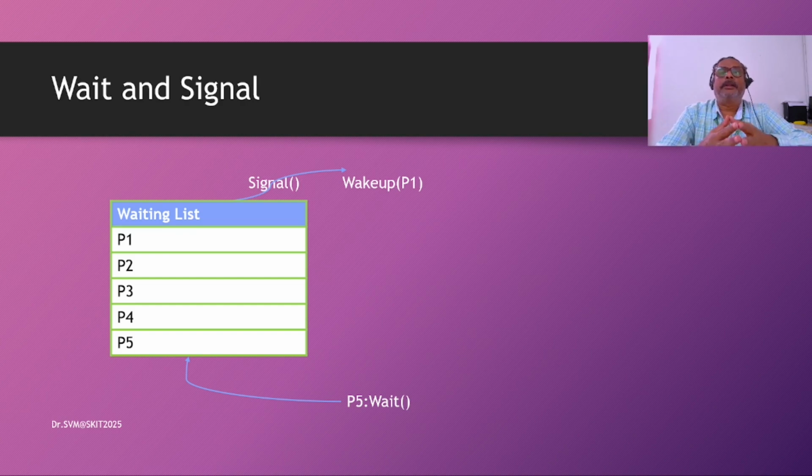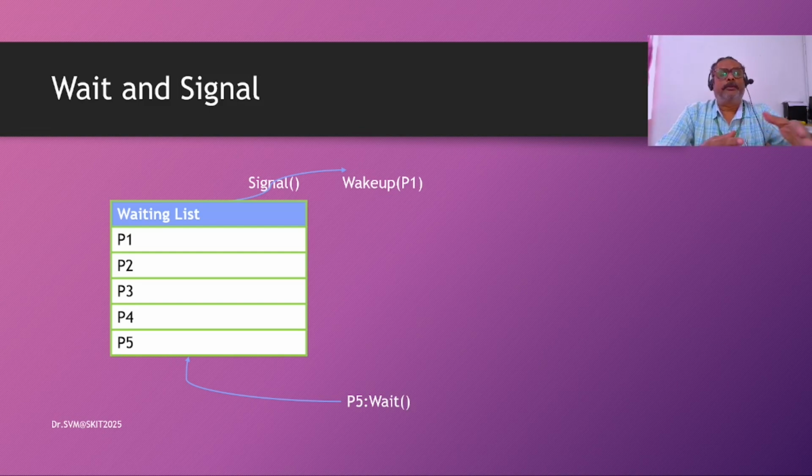Even if it is binary type, that's what happens for every shared resource, one semaphore, and we have one waiting list. And processes that could not get the shared resource get put on the wait list because they are blocked.